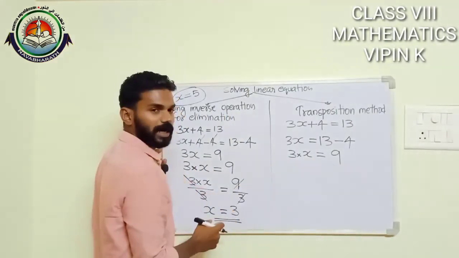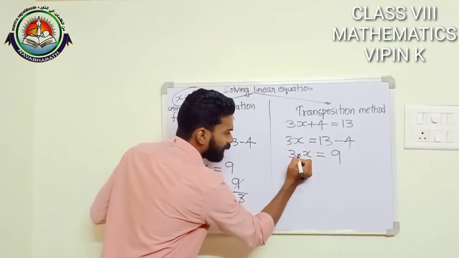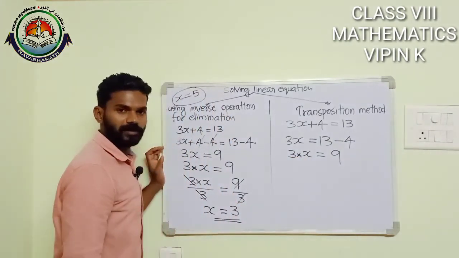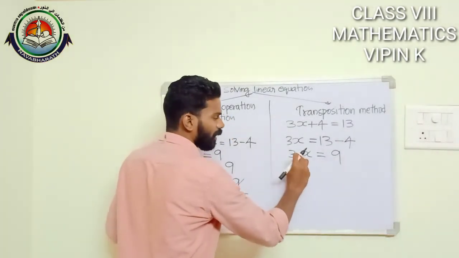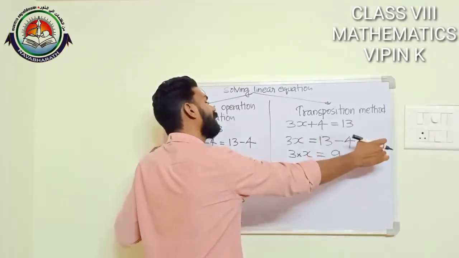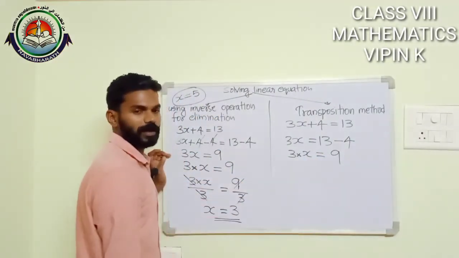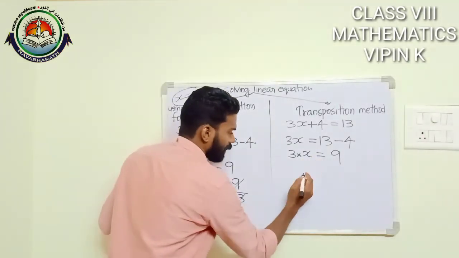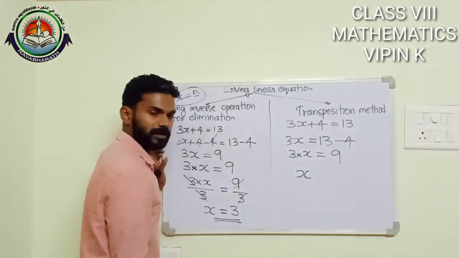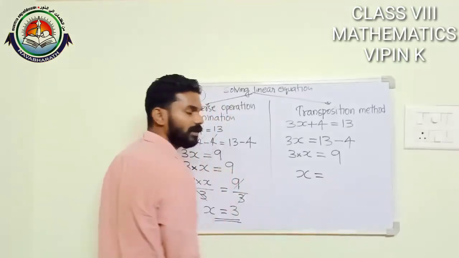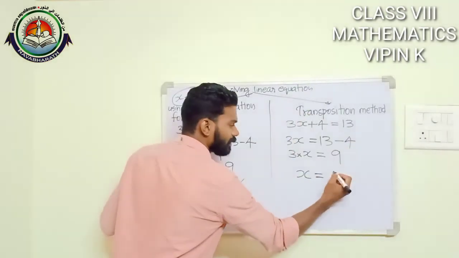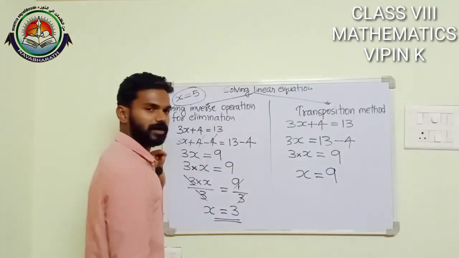But you can see that the 3 is operated as a multiplication. So when that multiplication operation is carried to the right hand side, it would become division. So I am isolating x here, then putting the equal sign. Then on the RHS, there is already 9 there.